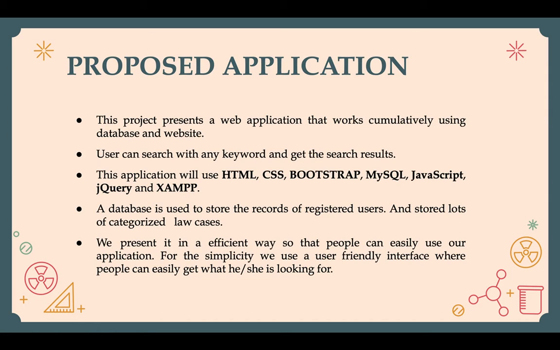This application will use HTML, CSS, Bootstrap, MySQL, JavaScript, jQuery and XAMPP. The database is used to store the records of registered users and a lot of categorized law cases. We present it in an efficient way so that people can easily use our application. For simplicity, we use a user-friendly interface where people can easily get what they are looking for.